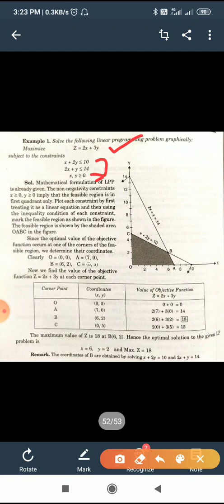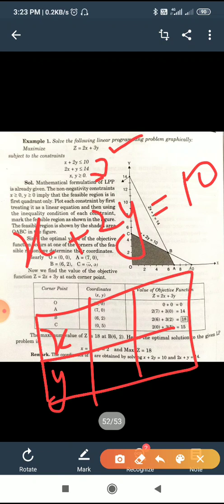First of all, we convert the inequalities, the constraints, into equation x plus 2y is equal to 10, and we make a table for x and y to plot this line on the graph.